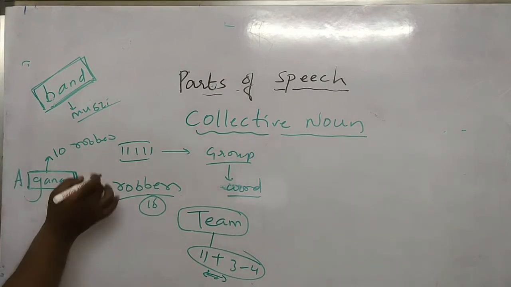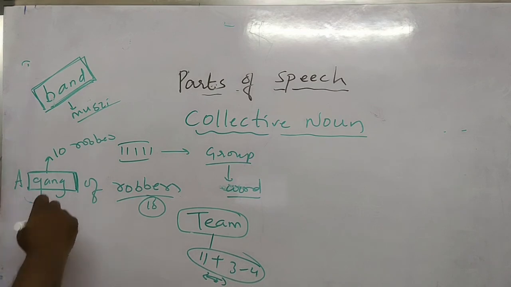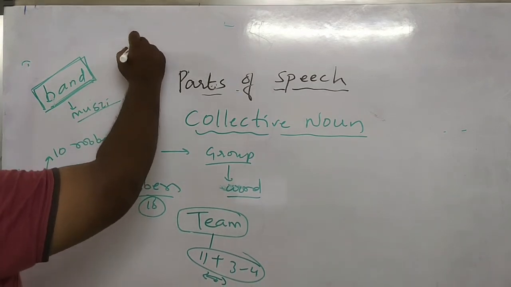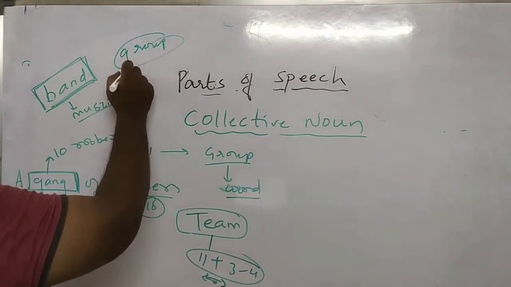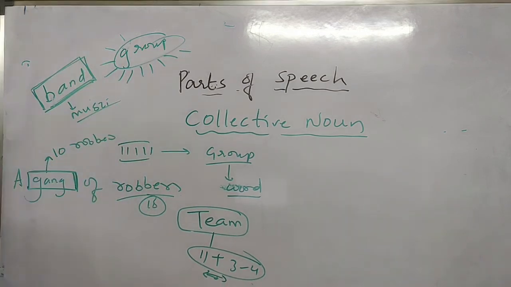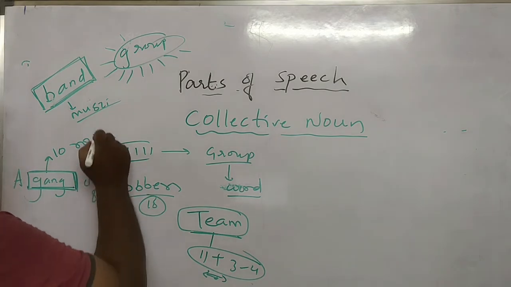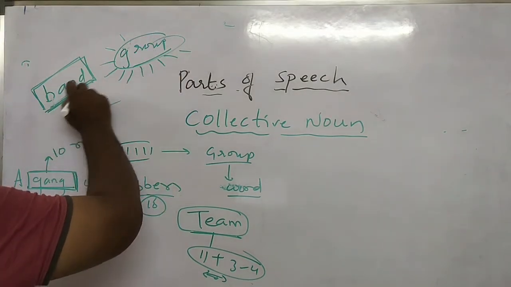Okay. Even in the class we directly call, okay, this group. That means how many people are there in the group? There will be some 5 to 6 people or 10 people in the group. So collectively we call them a group. Like this there are so many words. Here gang is a noun, team is a noun, group is a noun, band is a noun.